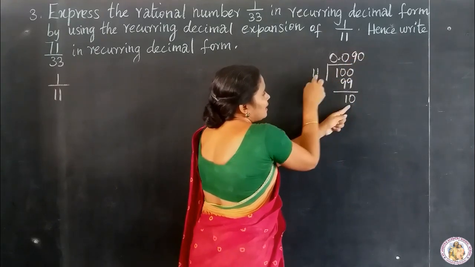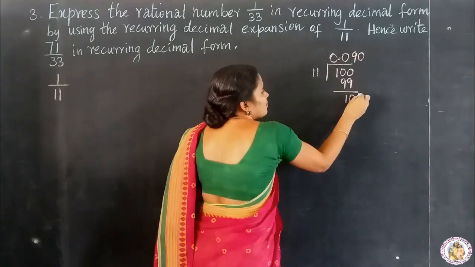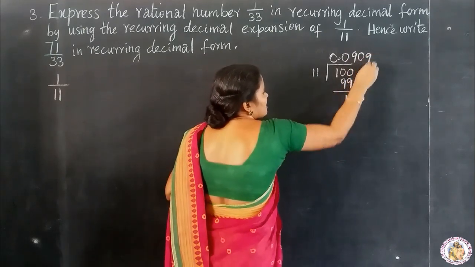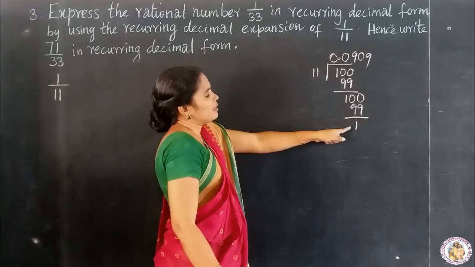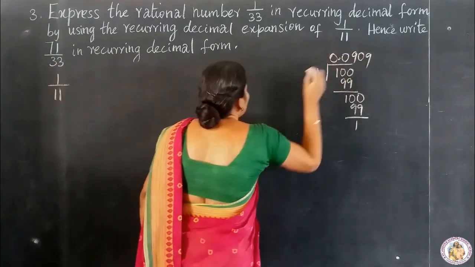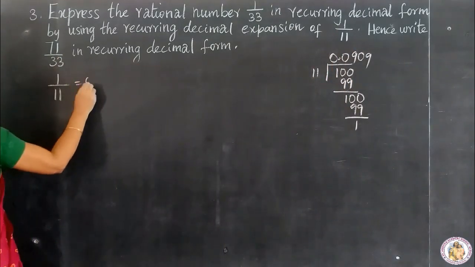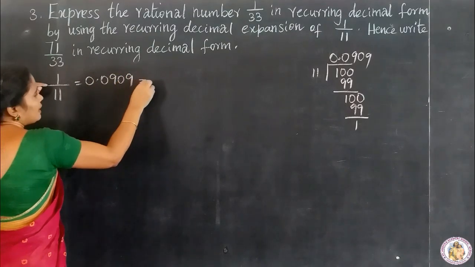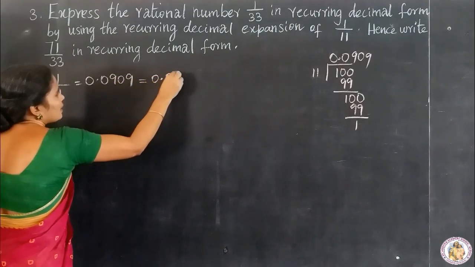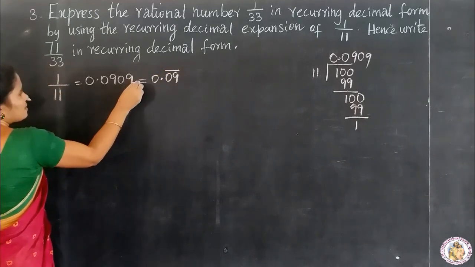So it is less than 11. So again we have to add one more 0. 11 9s are 99. So again it will go on as 1. So the value of 1 by 11 is 0.0909. So we can rewrite as 0.09 bar as it repeats.